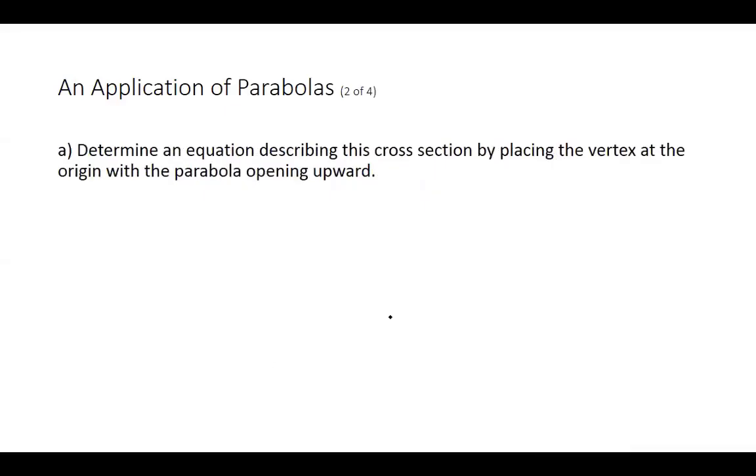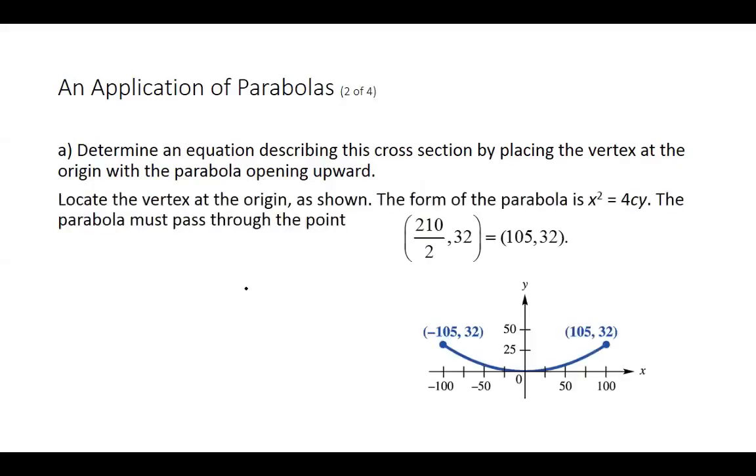We want to determine an equation describing this cross section by placing the vertex at the origin with the parabola opening upward. Locate the vertex at the origin. The form of the parabola is x squared equals 4cy. The parabola must pass through the point 210 over 2 and 32, which is 105 and 32.